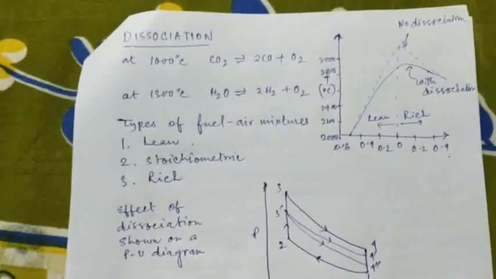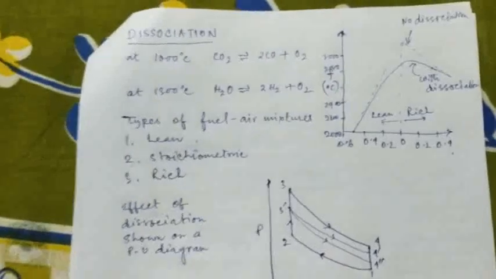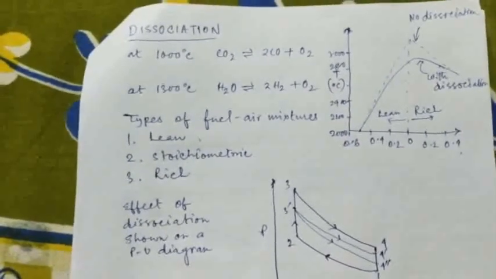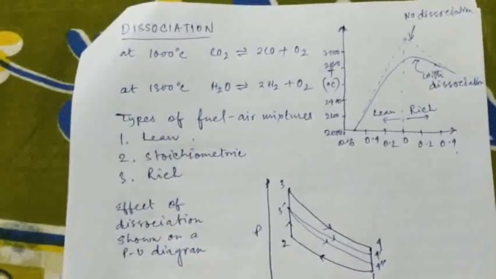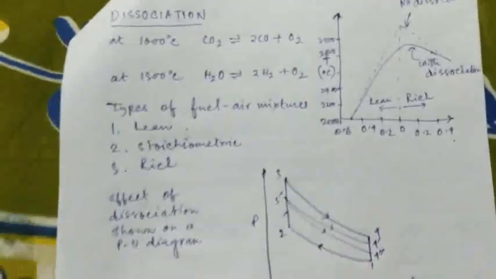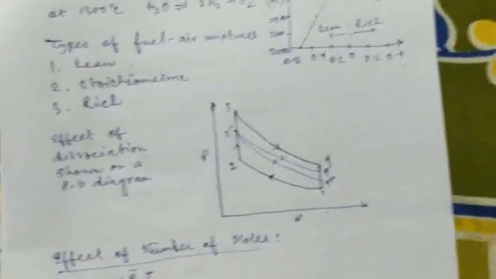During dissociation, heat is absorbed, whereas during combustion, heat is liberated. In IC engines, mainly dissociation of CO2 into CO and O2 occurs, whereas very little dissociation of H2O into H2 plus O2 will also occur.